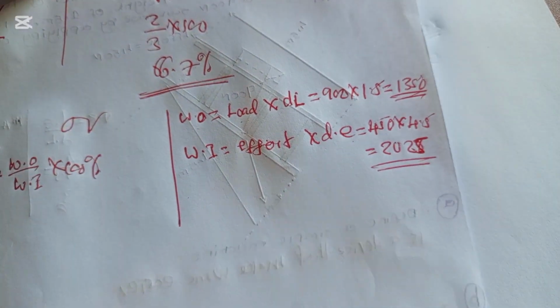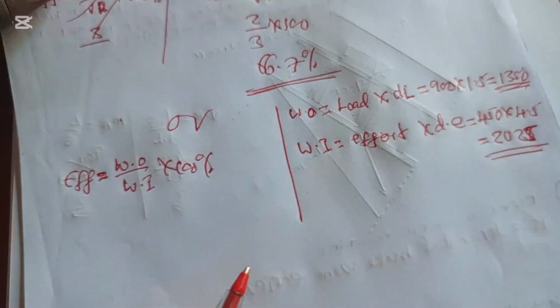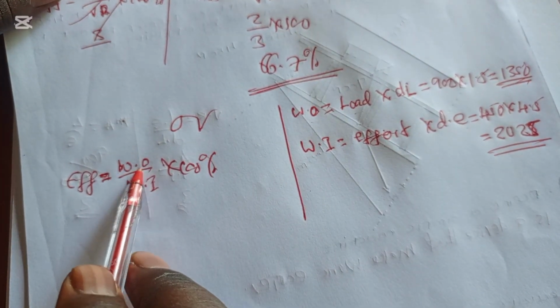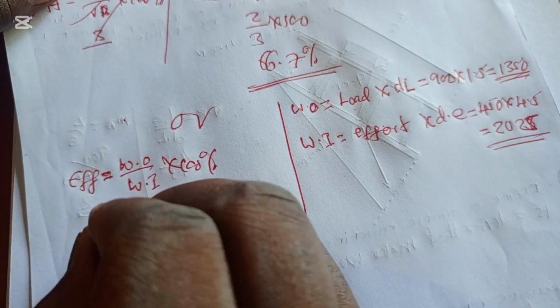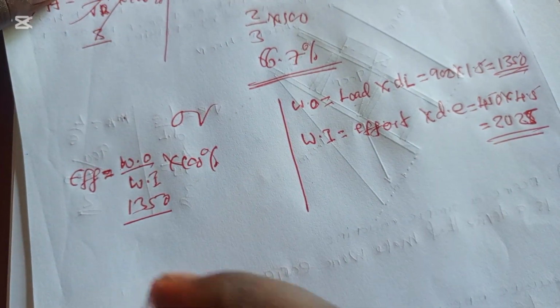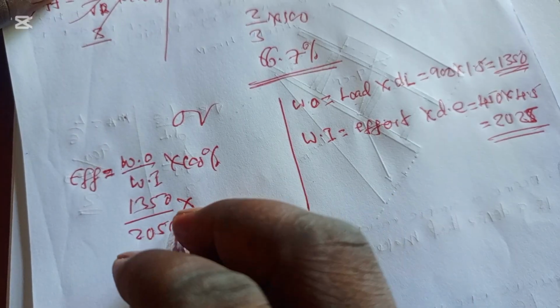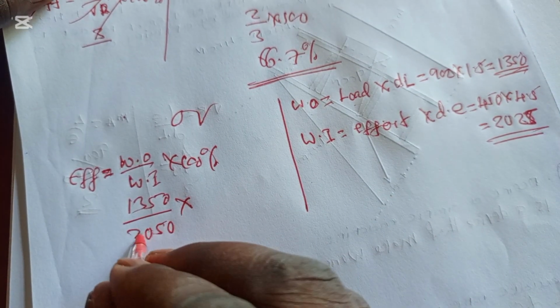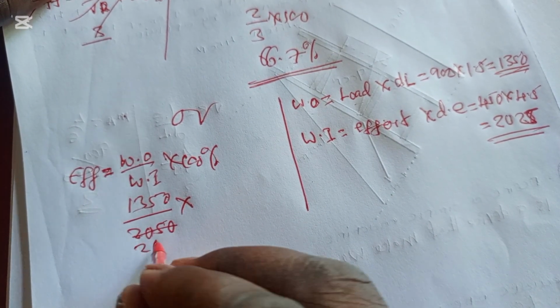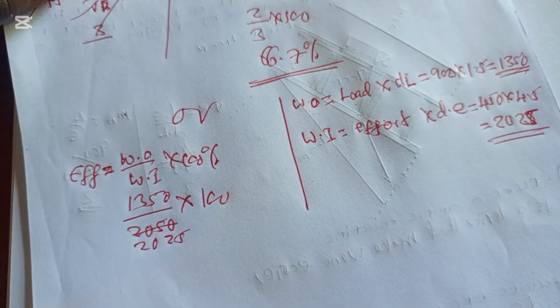Now we can make the substitution. Work output is 1350. Work input is 2025. Then times 100%.